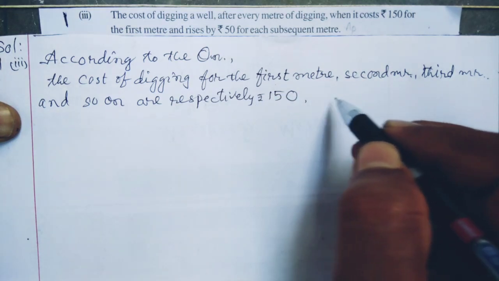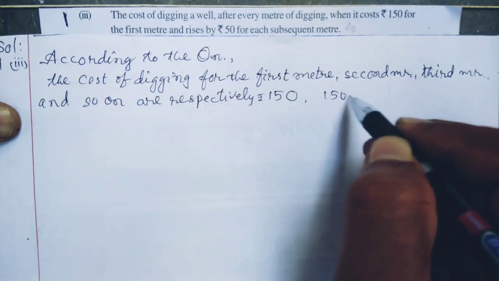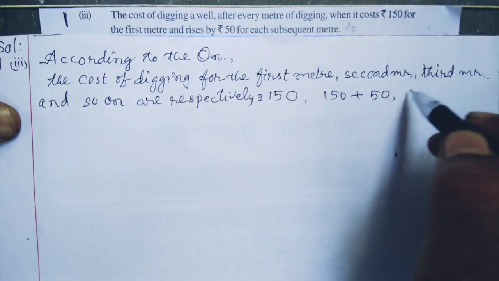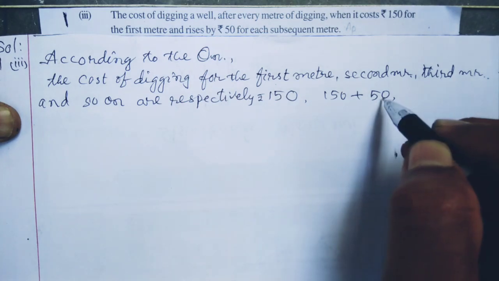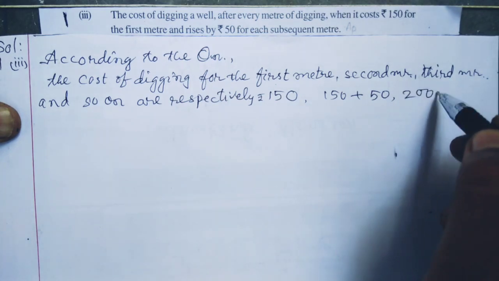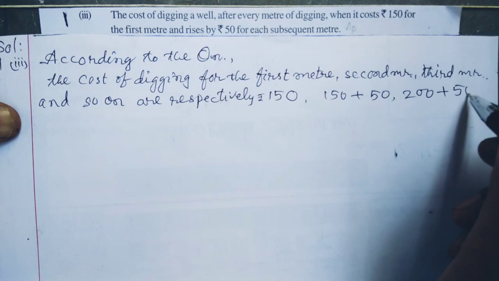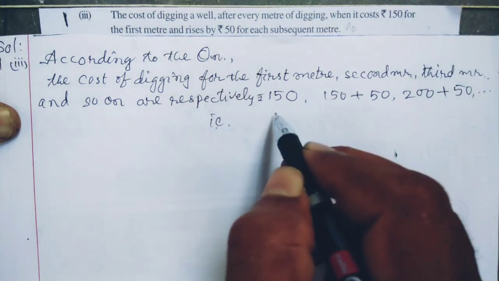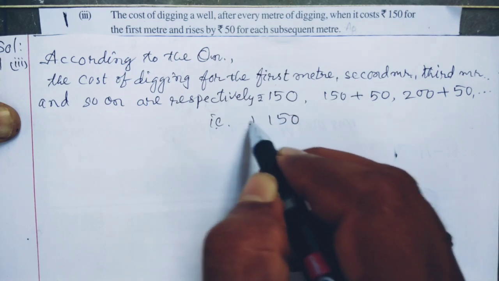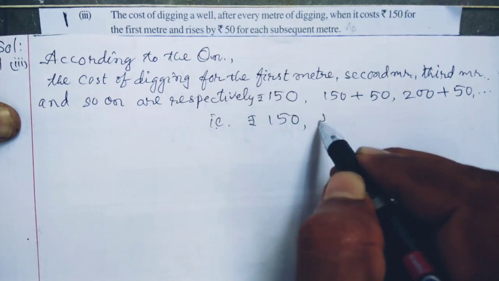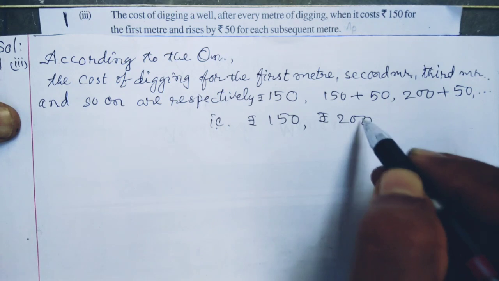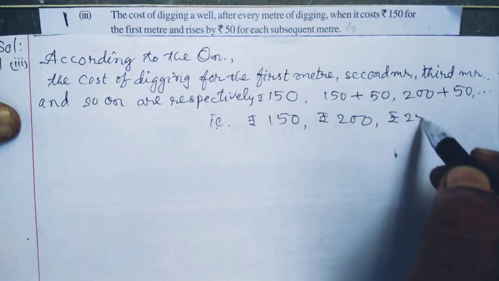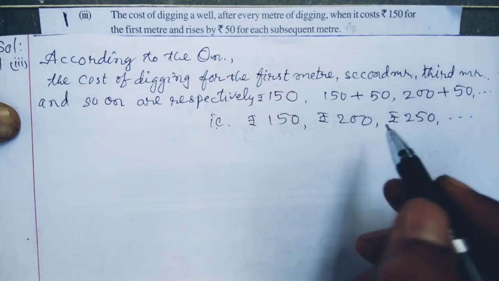second meter 150 plus 50 rupees additional. So 150 plus 50, 200 plus 50 rupees, and so on. That is 150 rupees, 200 rupees, 250 rupees, and so on.